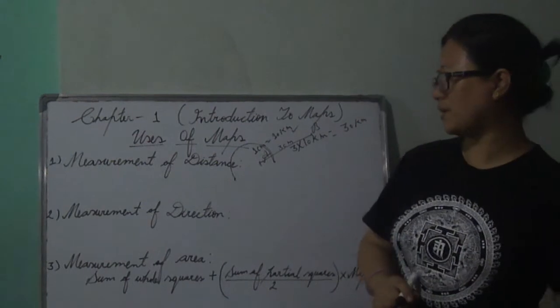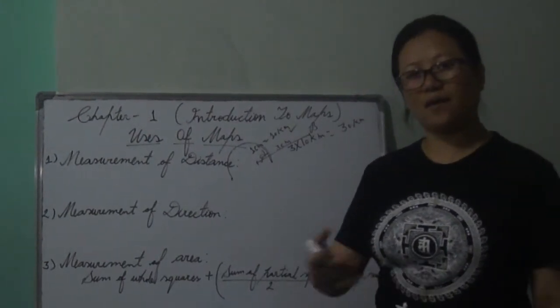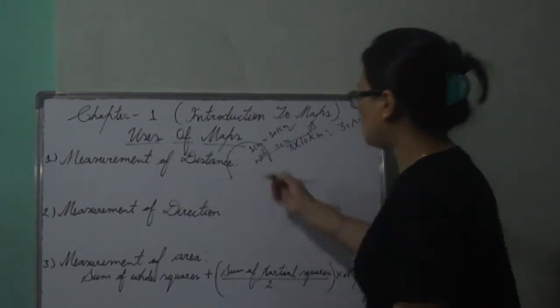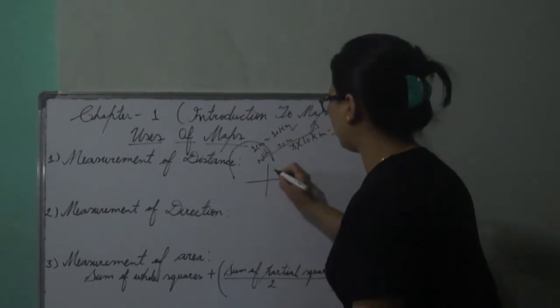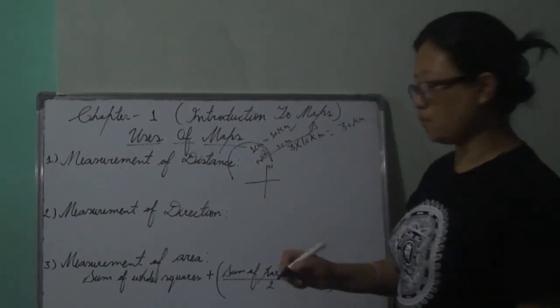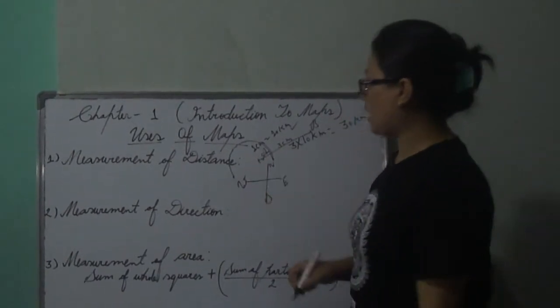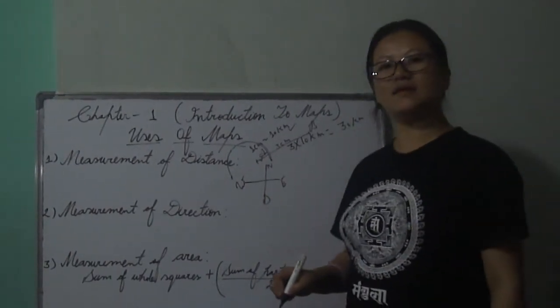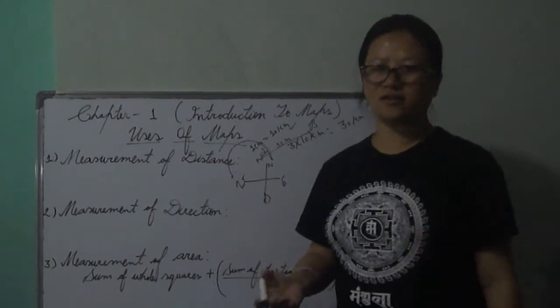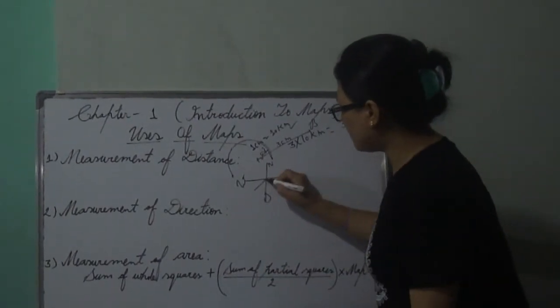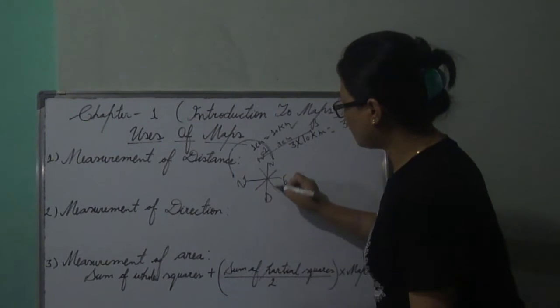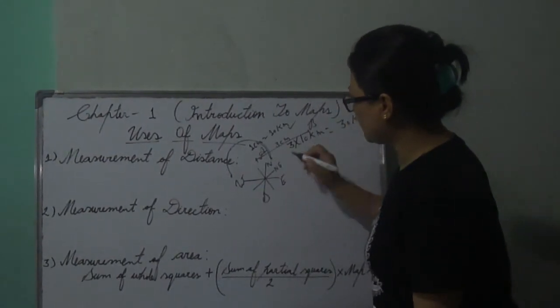The second use of a map is to get directions, like we have discussed before also. Altogether we have 4 major directions. We call them cardinal points, that is north, south, east and west, and we can subdivide these cardinal points into 16 directions. If I am making a line here, the name of this direction would be north-east.